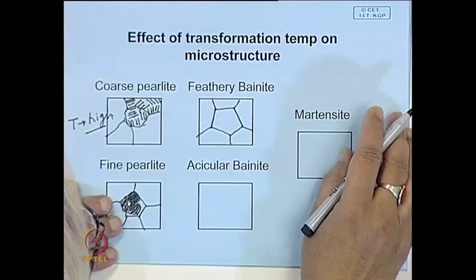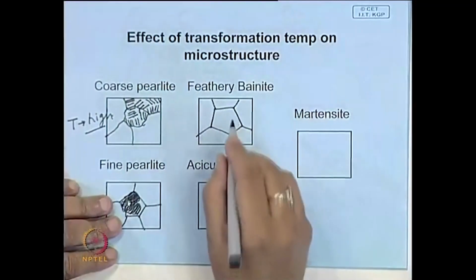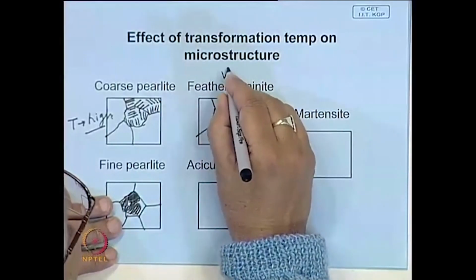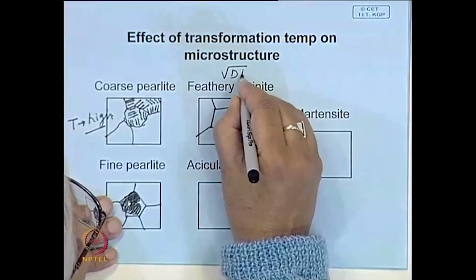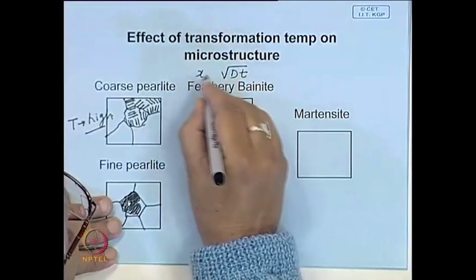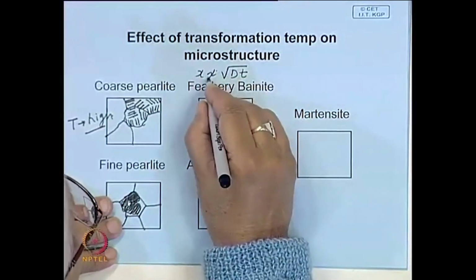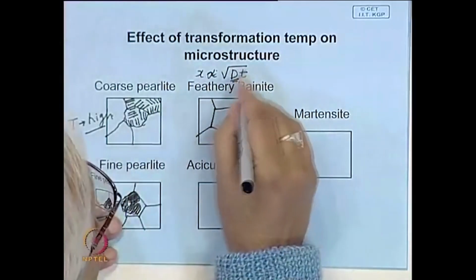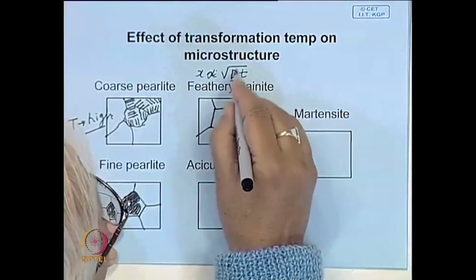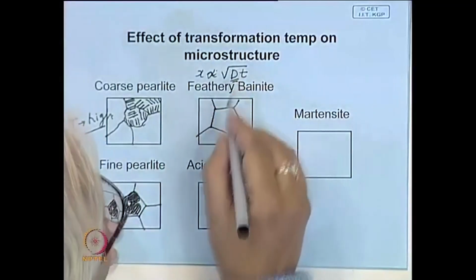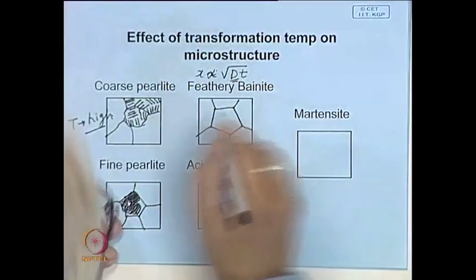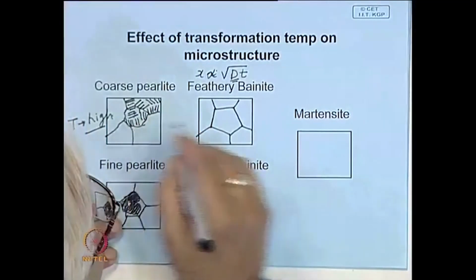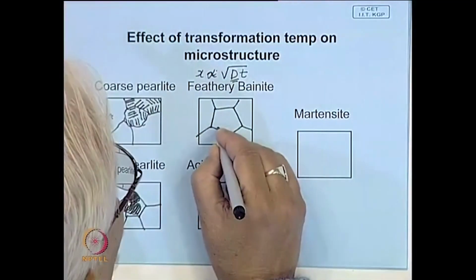We know that diffusion distance is proportional to root over Dt, and at lower temperature this D value is very small. Therefore the carbon atom will not be able to move over a large distance to form this type of lamellar structure. So, what happens here?